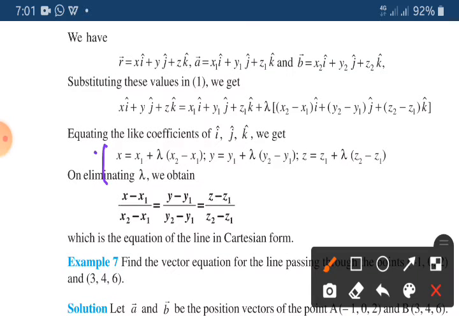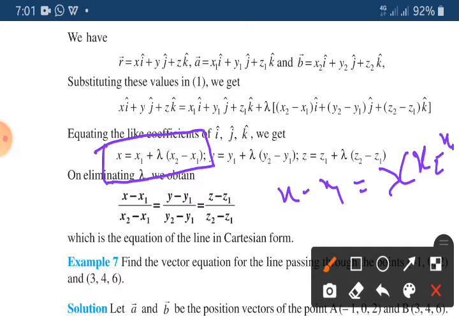First, x equals x1 plus lambda of x2 minus x1, so x minus x1 is equal to lambda of x2 minus x1. The x2 minus x1 going to the left hand side will come in the denominator, right?